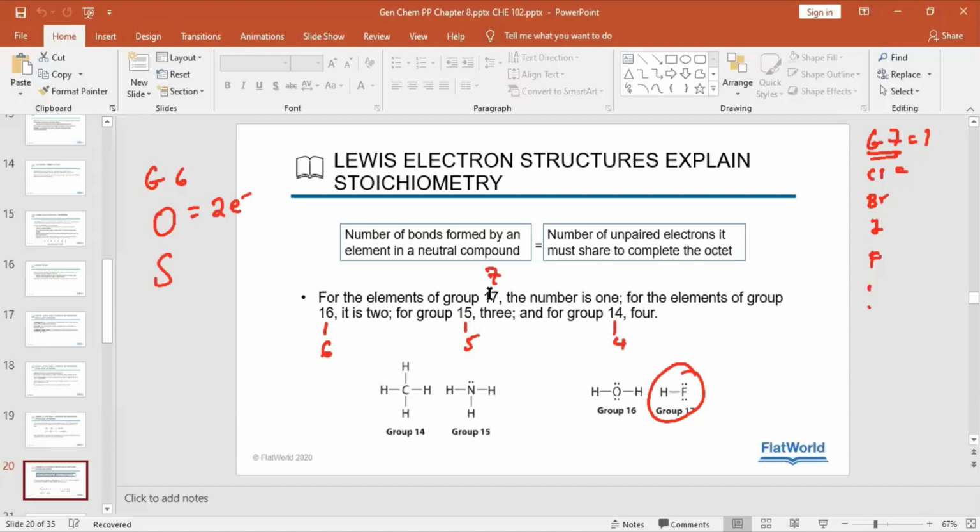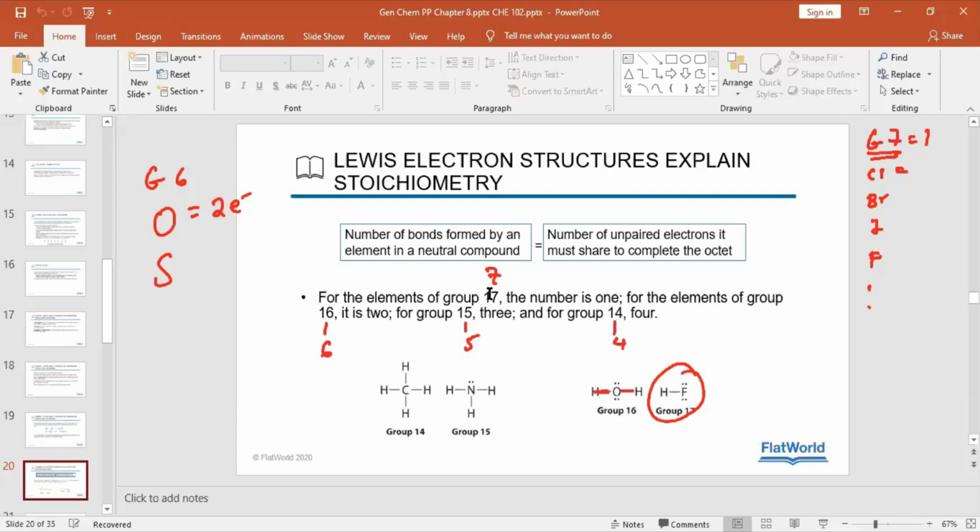So the number of electrons needed to achieve an octet and the number of bonds that are formed are identical. They are the same. That's the reason oxygen forms 2 bonds here. I'm writing in red here.